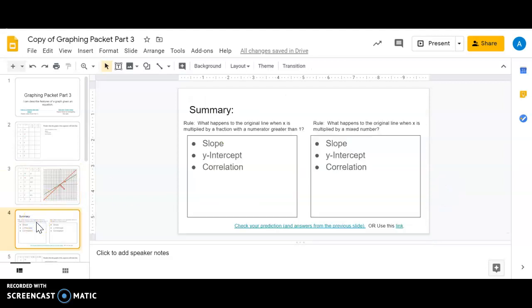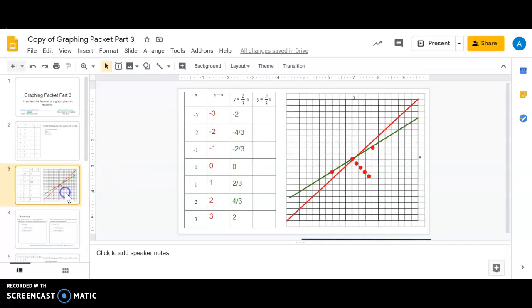The summary. Now pay attention to these summaries. There's no prediction here. Right now we're looking at two different rules. Now the first one is going to correspond to my green line. What happens to the original line when x is being multiplied by a fraction with a numerator greater than 1? So let's go back and look. What happened to my slope?